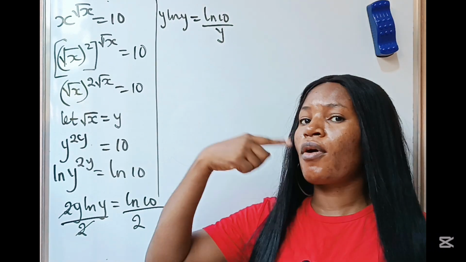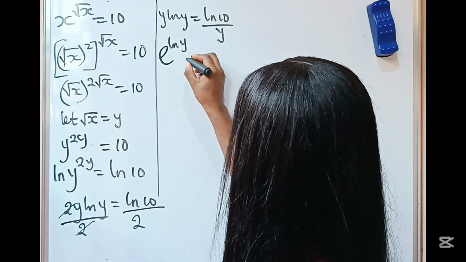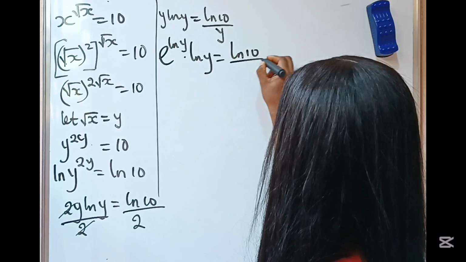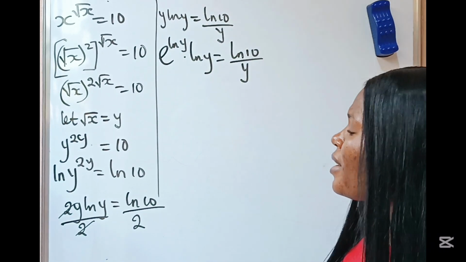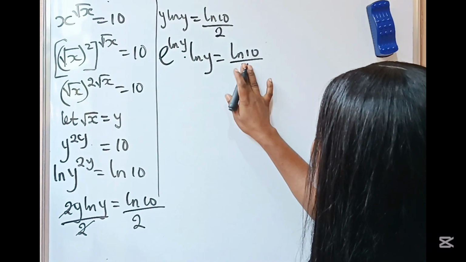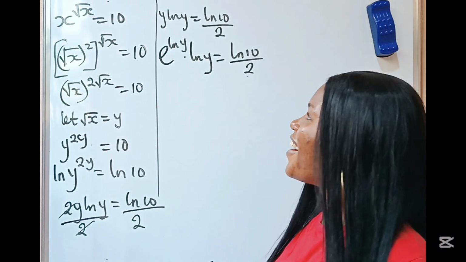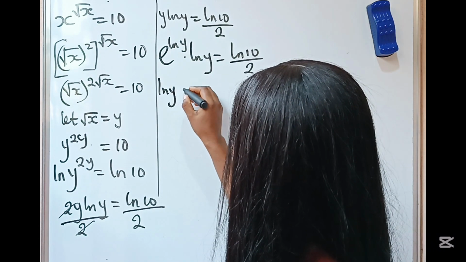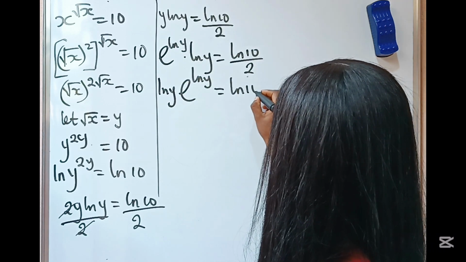So we now have e to the power of ln y multiplied by ln y is equal to ln 10 divided by 2, sorry about that. Now we can rewrite this as what? ln y times e to the power of ln y is equal to ln 10 divided by 2, right?